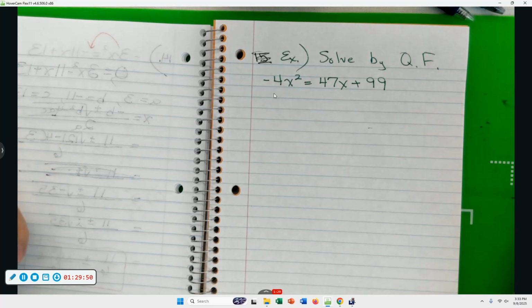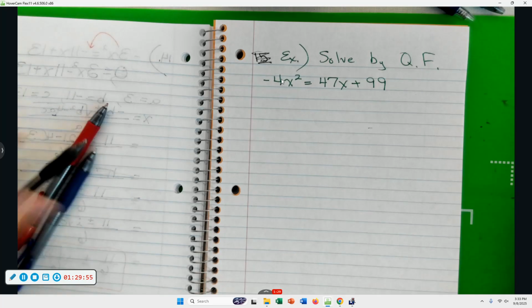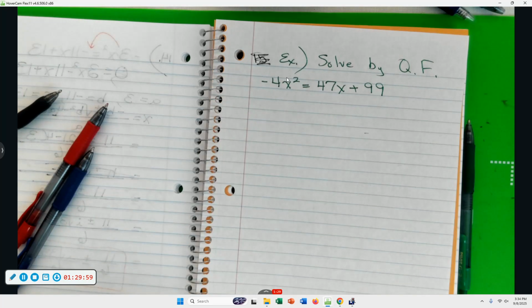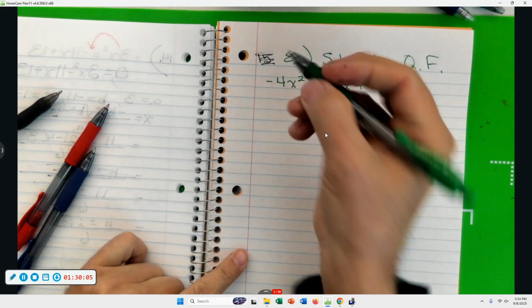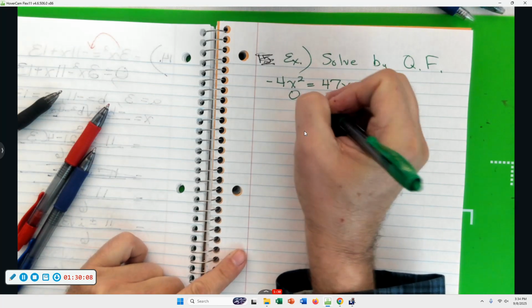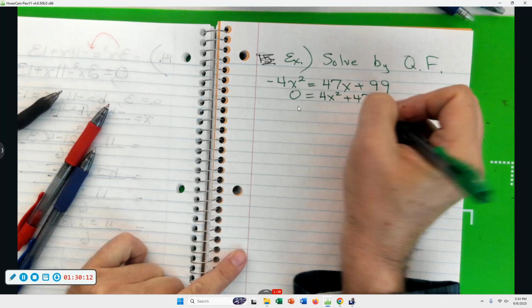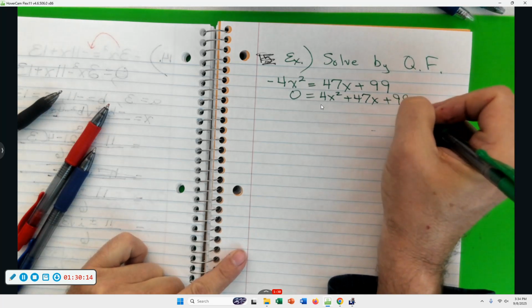I need an x squared term that's positive, and I need a 0 on one side. So with that in mind, what do you think I'm going to do? Move that negative 4x squared. When you move it over, it becomes a positive 4x squared plus 47x plus 99 is equal to 0.